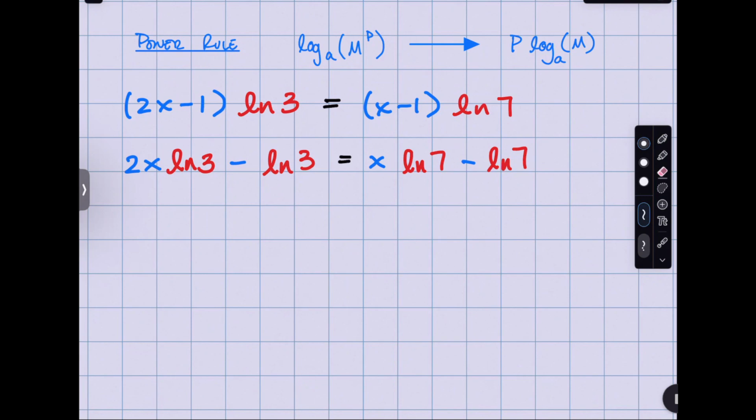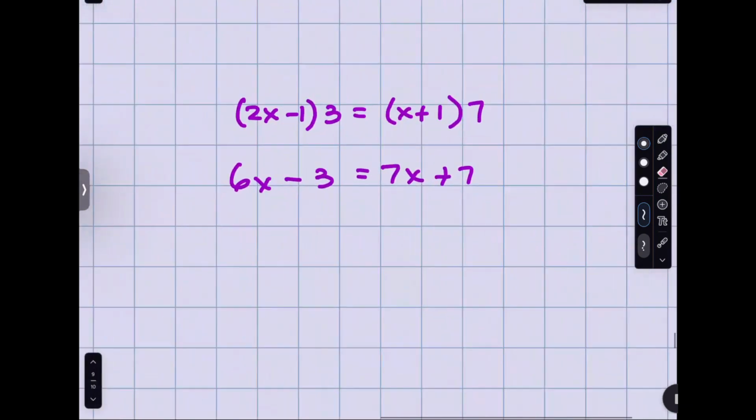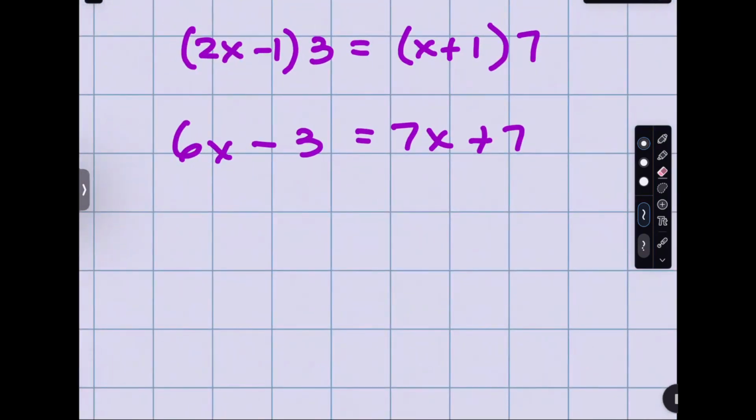I wrote this only as, if ln of 3 is just a number and ln of 7 is just a number, because we were stuck and didn't know what to do. If it was just a number, like a 3, then what would we have done with that 3 to that binomial? We would distribute.